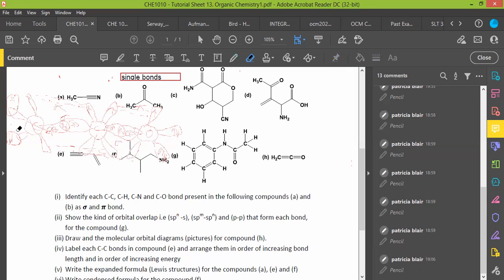And then depending on the type of bond that your molecule has, does it have sigma bonds or does it have a sigma bond and a pi bond? So the more bonds the molecule has, the shorter the bond and the more the energy it will have. So check, you are dealing with compound E, which is this one here.